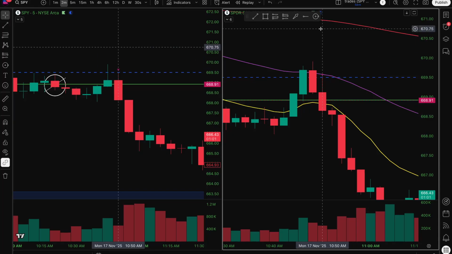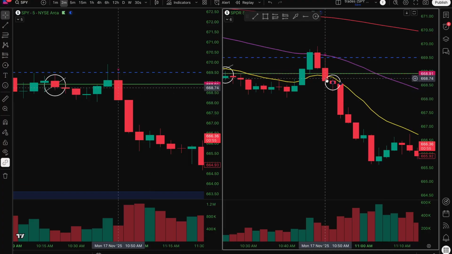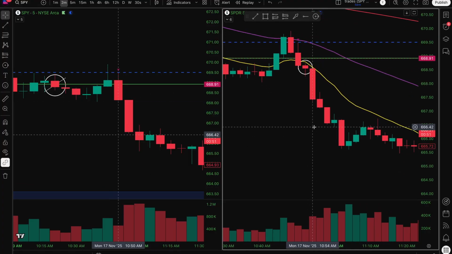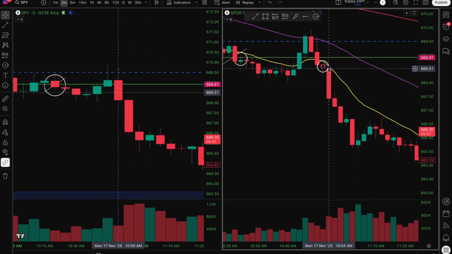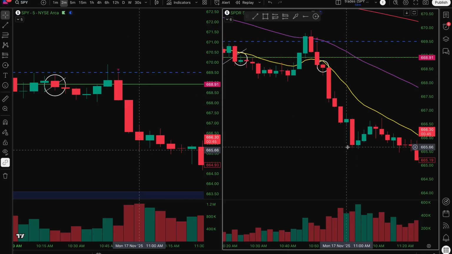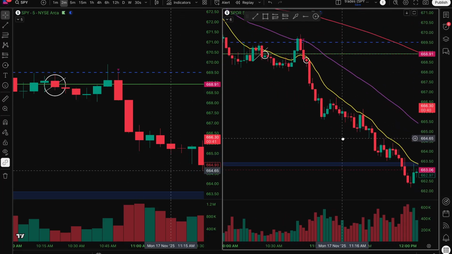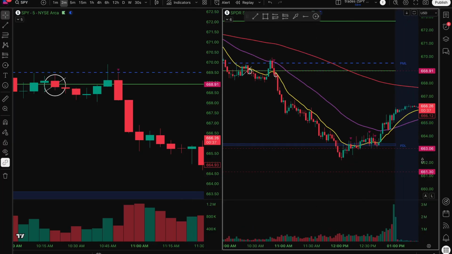So that would have been a really good entry right here. The candle closed below. And boom, you can get that move from 668.50 to 665.66. And it went even lower, level to level.